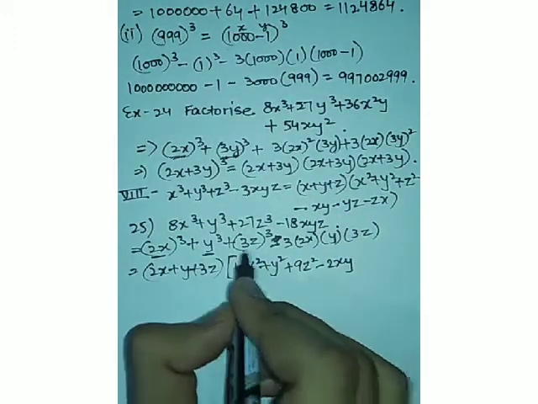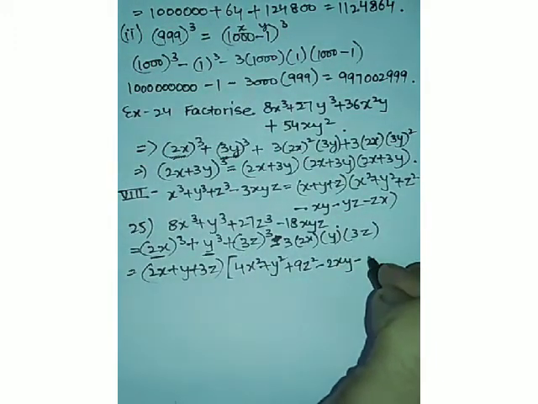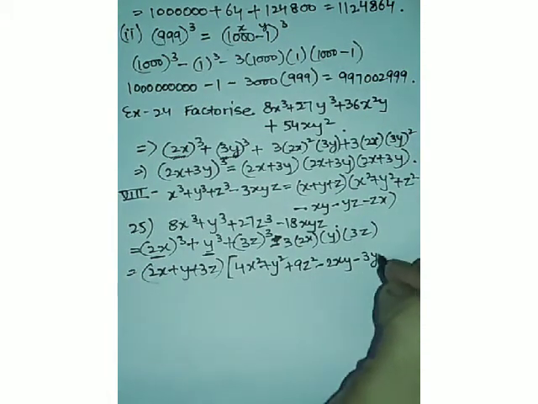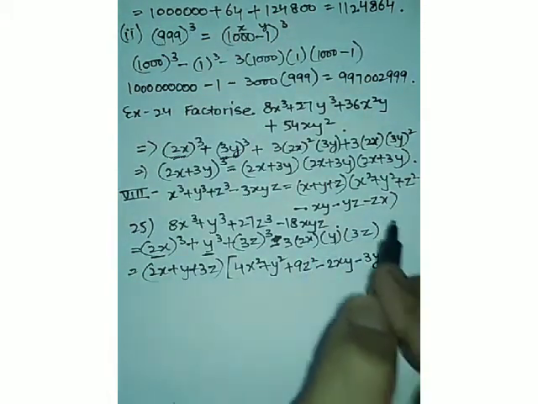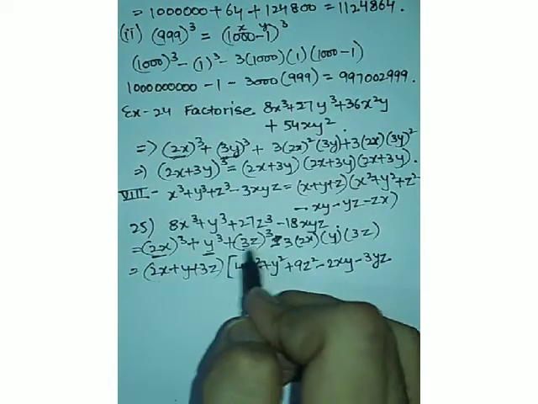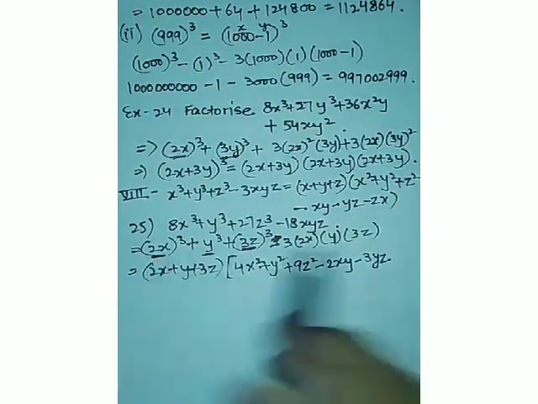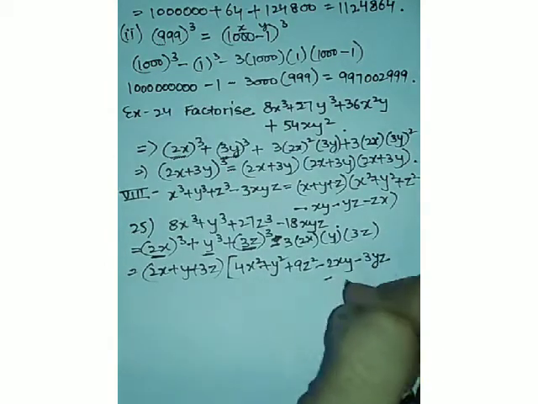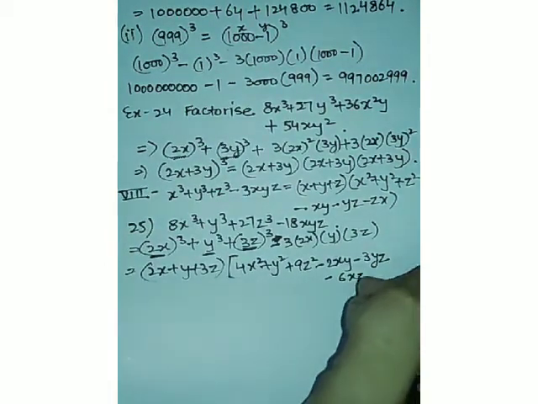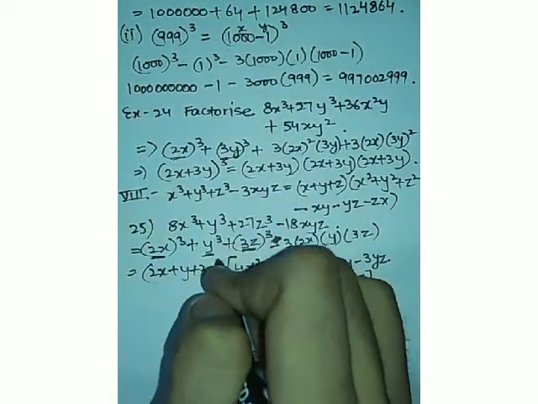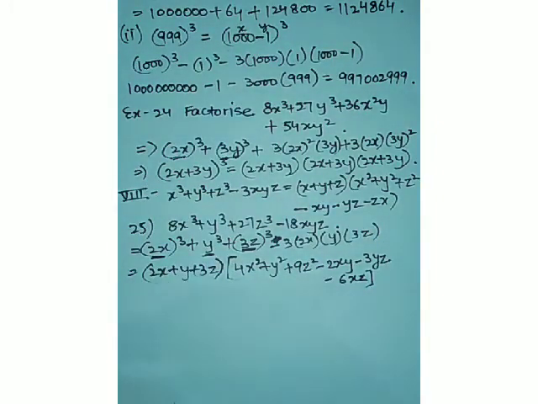Y is y, z is 3z. Minus 3yz because there is no 2. And minus of zx. Z is 3z and x is 2x. So 3 2s are 6xz, minus 6xz. So these two are the factors of the given equation which we have formed using the identity number 8.